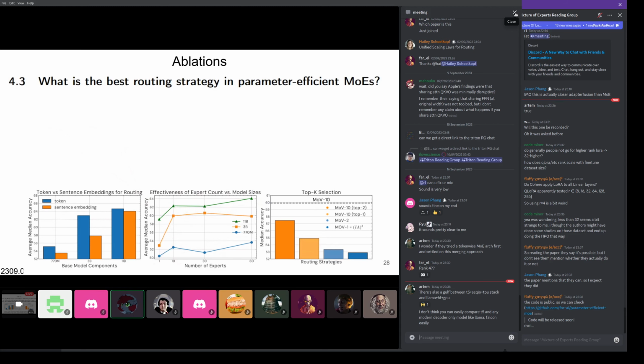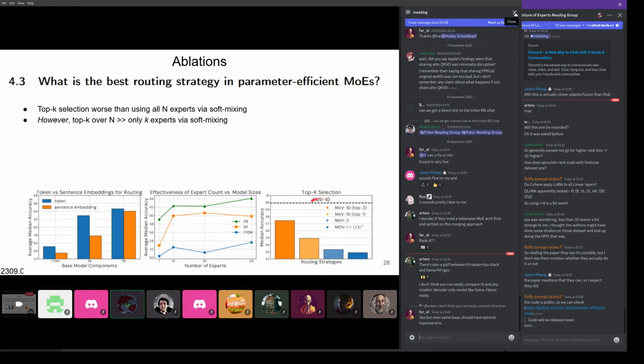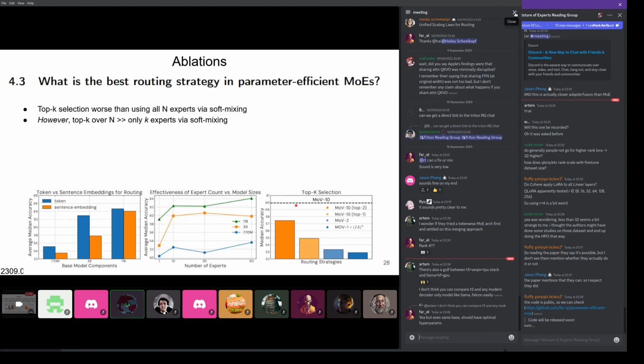For the routing strategy, which is probably the most interesting thing to me, they tried to compare top K selection versus soft mixing, and generally they find that top K sparse mixture of experts performs worse than soft mixing all of the experts together, which is exactly in line with what you would expect because more computational power is almost always going to win over a sparse approach.